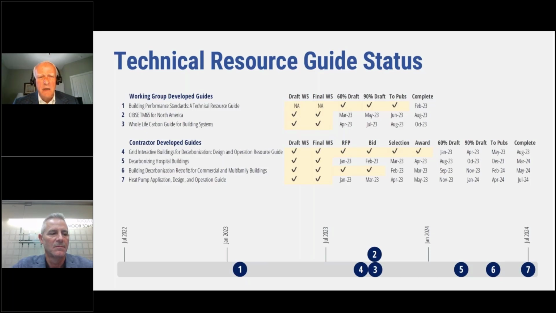Some of these, the RFP has already been released, and we have actually selected the award of the contract for the Grid Interactive Buildings for Decarbonization design and operation resource guide, a major product that is going to be completed by the end of the summer, or approximately in August of this year.